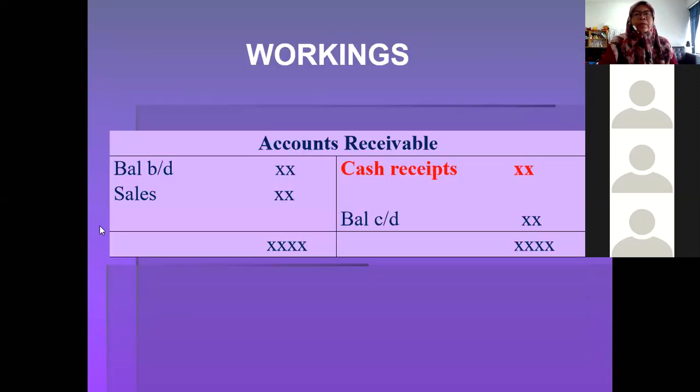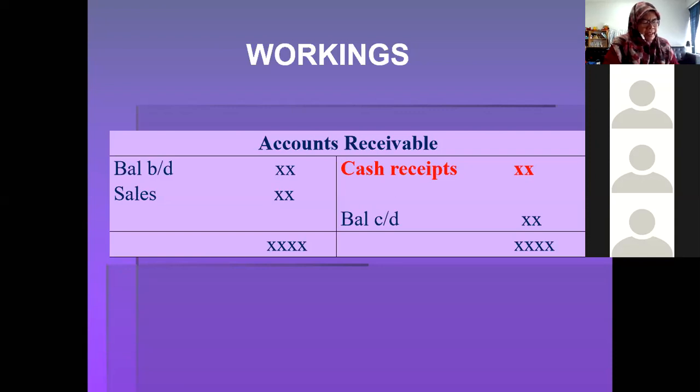You have to make an ARC account. They will not give you the direct answer, so you have to open this ARC account. Open the ARC account, you transfer the balance BD of ARC. How do we find this balance BD of ARC? From last year's SOFI, where the ARC account working is given on page 288.